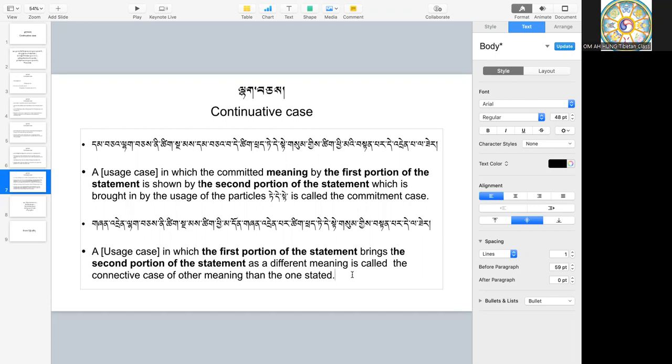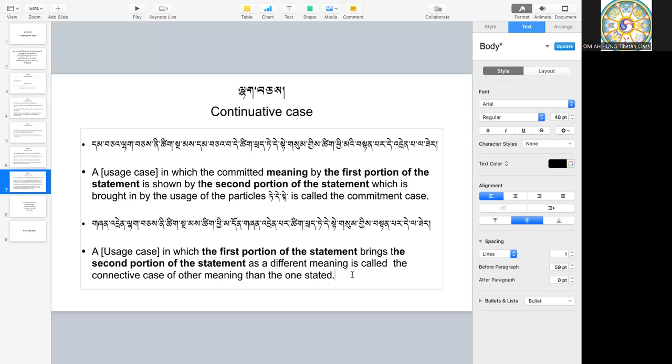Then the second portion of the statement is the committed meaning, which the first portion commits to provide. These 2 are connected by the particles te, te, te. And there are 4 variations under this.